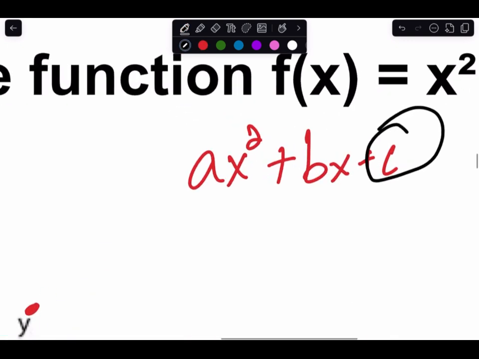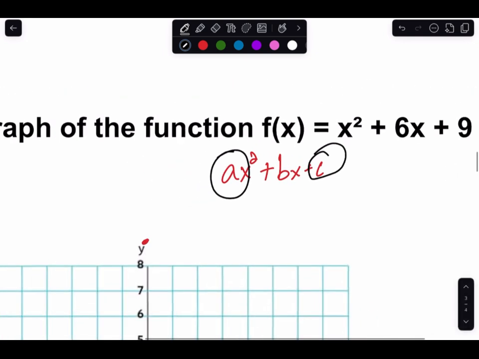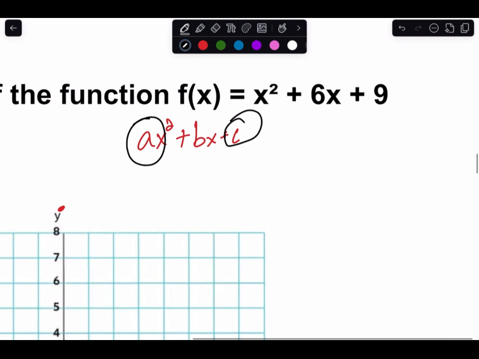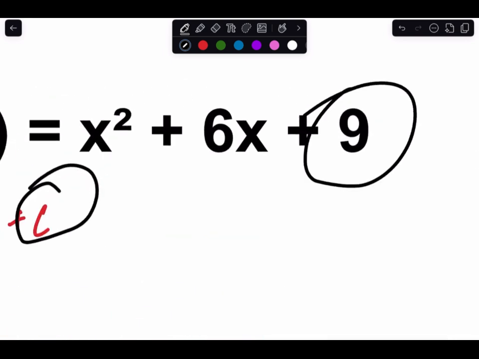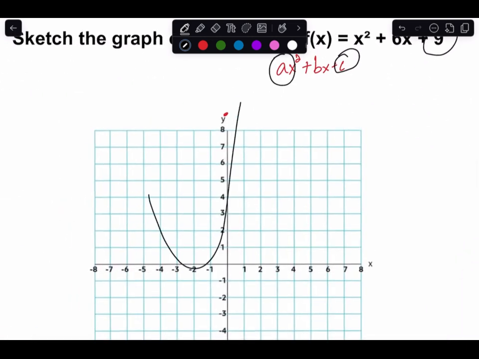The a, we can get a couple of things, like how much the parabola opens, but that's not very visual. The main thing is going to be the positive or negative sign. If it's positive, it opens up. If it's negative, it opens down. And here it's positive, so it's going to open up. It's going to be something like this, right?